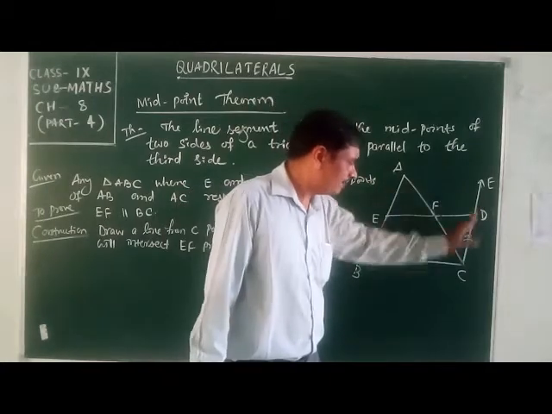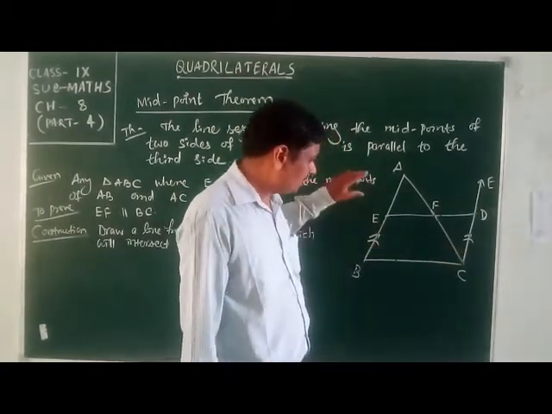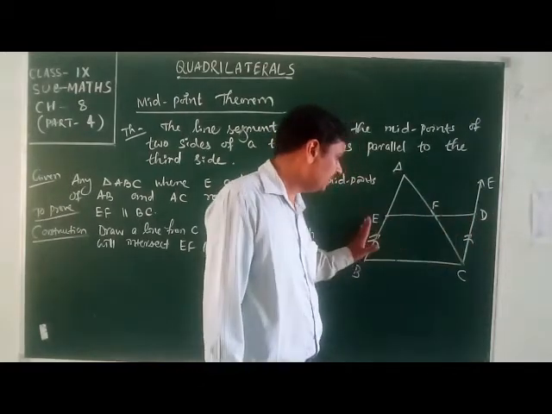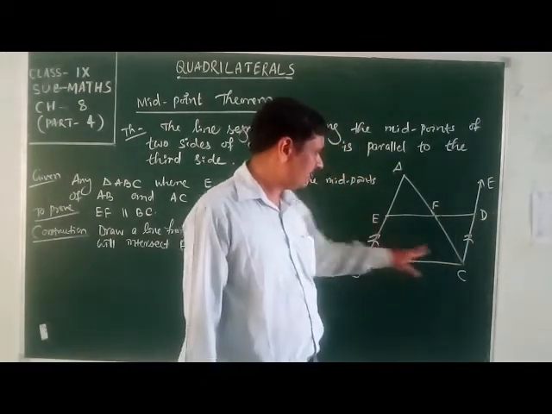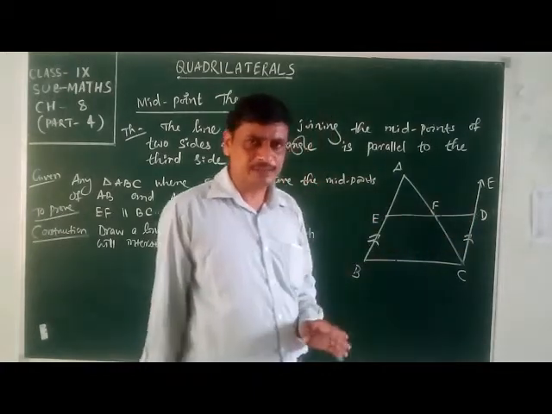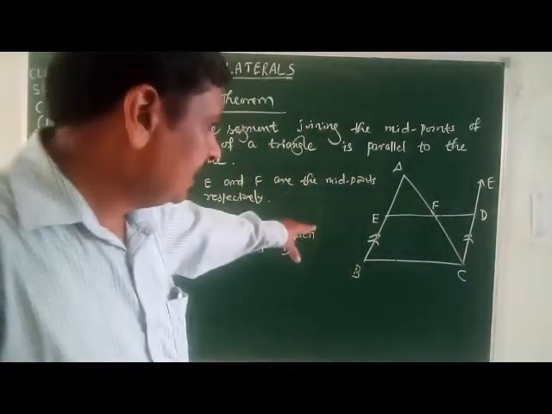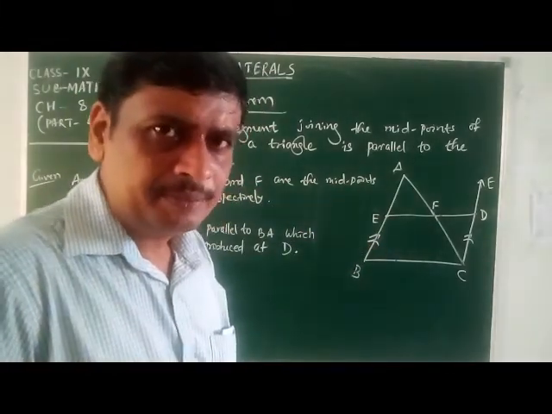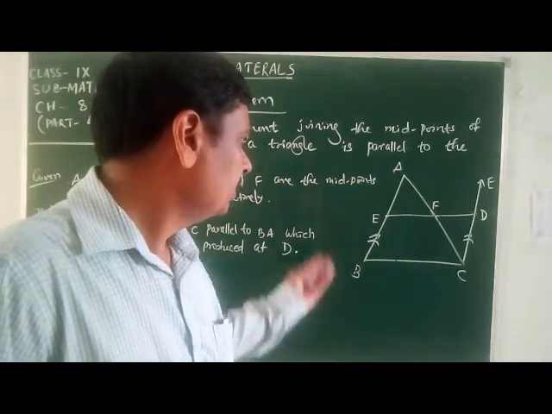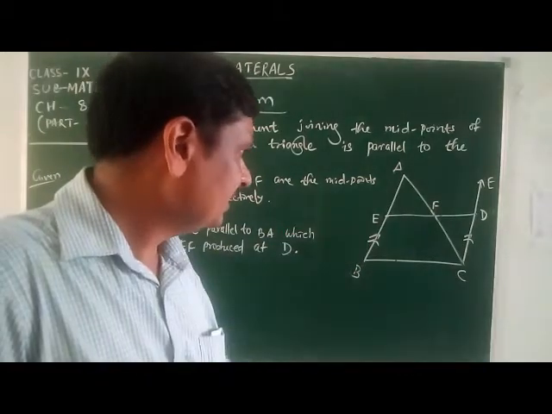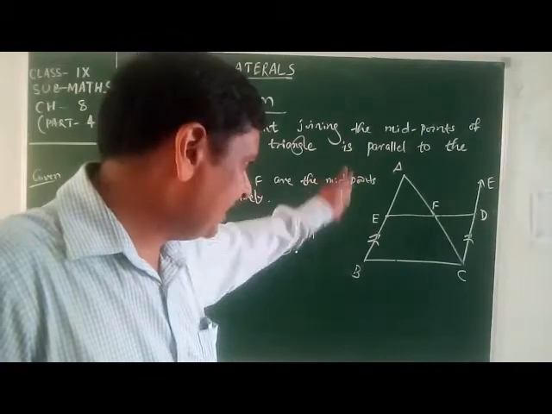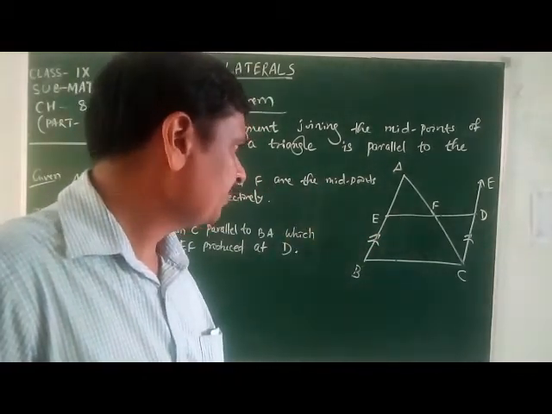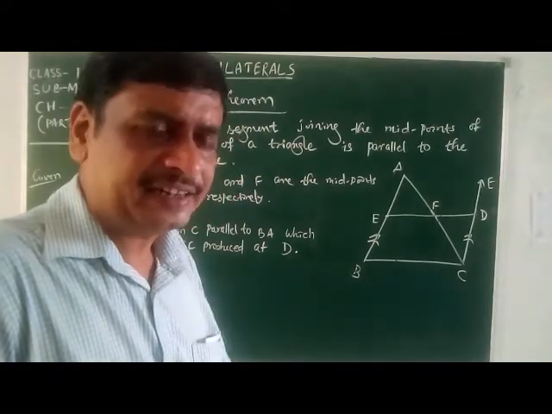AB and CD are parallel. If we can show BE and CD are also equal, then we can say this BCDE is a parallelogram. We have only BE and CD parallel, as AB and CD are parallel. Since BE and CD are parallel already, we have to show BE and CD are equal.